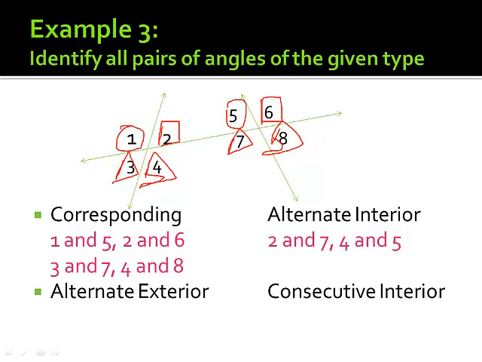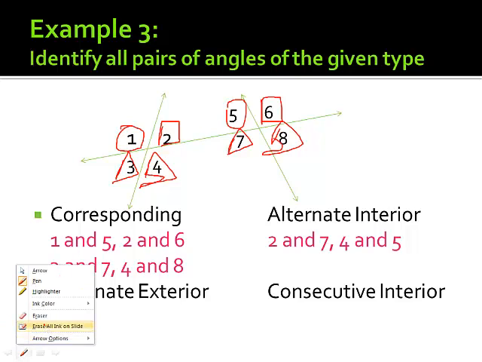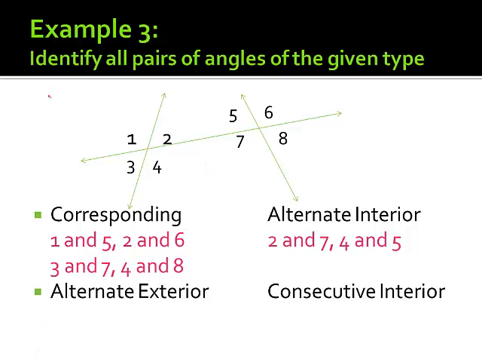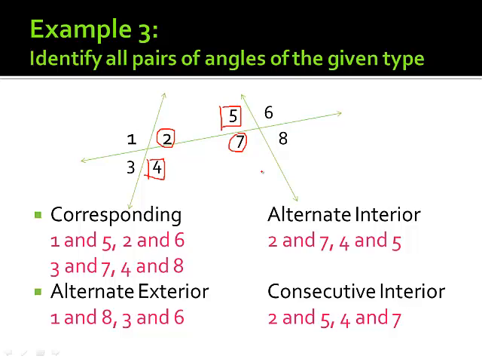What about alternate interior, alternate exterior, and consecutive? For alternate interior, we have 2 and 7. There's 2, there's 7. They're on opposite sides of the transversal. And then we also have 4 and 5 as well, on opposite sides of the transversal. Okay, alternate exterior and consecutive interior.